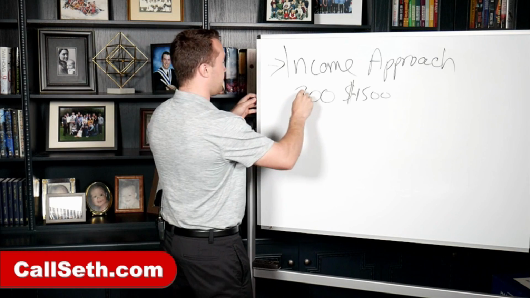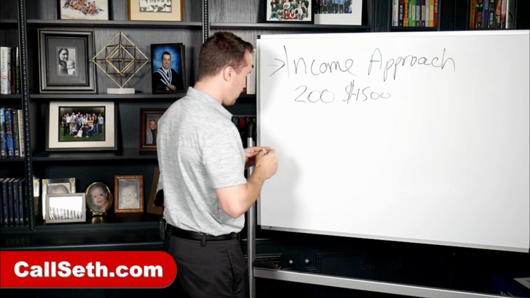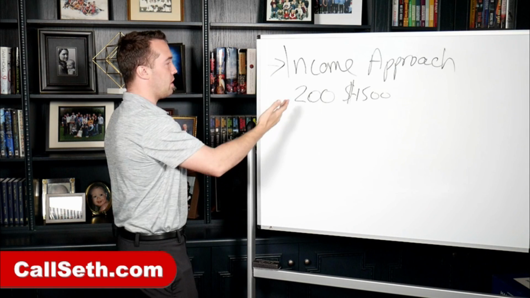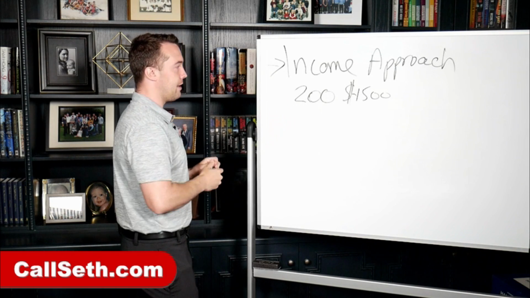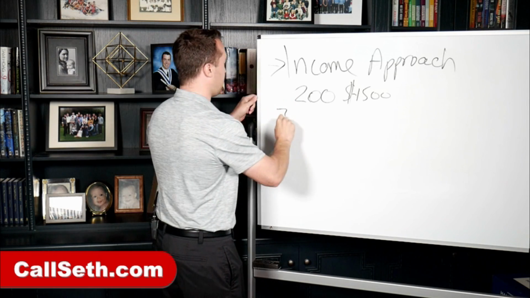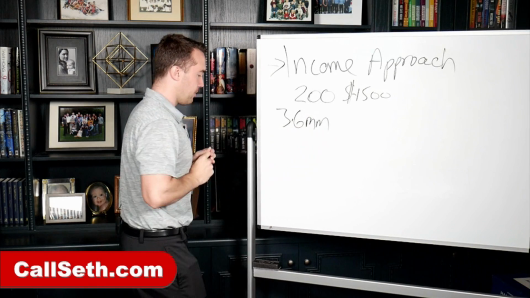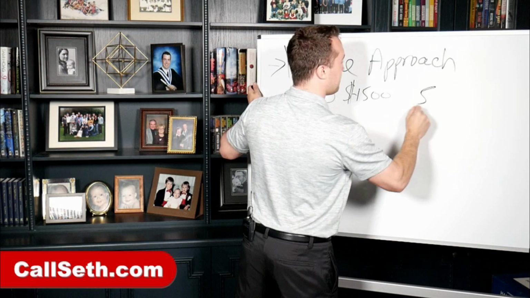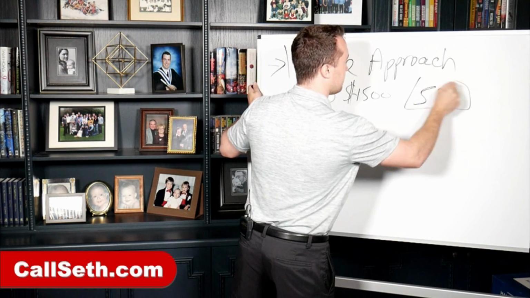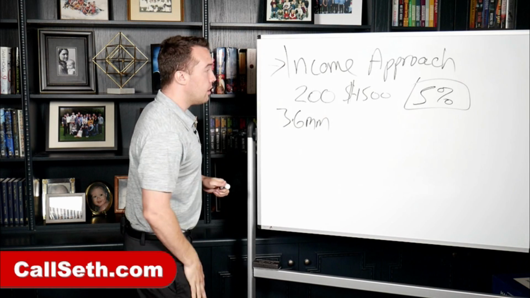So let's say we still have this 200 unit property and we're bringing in 3.6 million in gross income. And let's say we're in a 5 cap situation, which I don't think is unreasonable at this point.